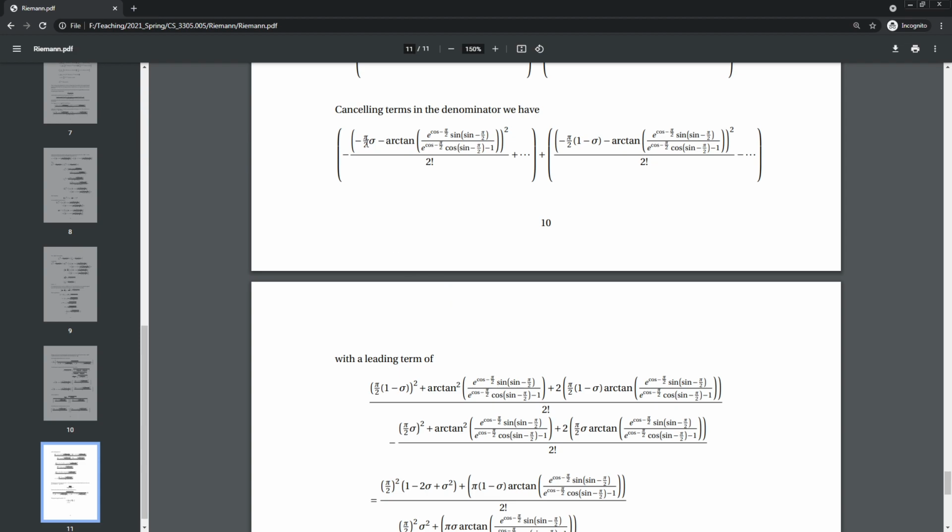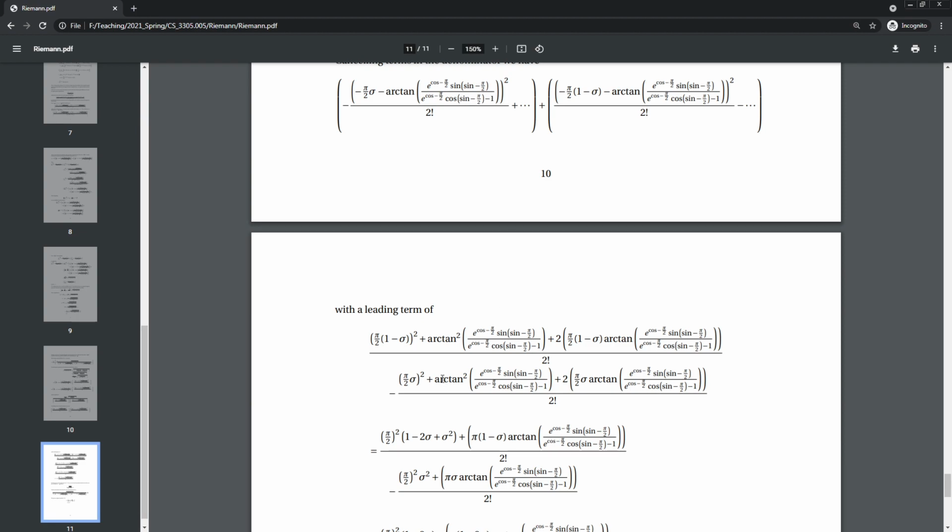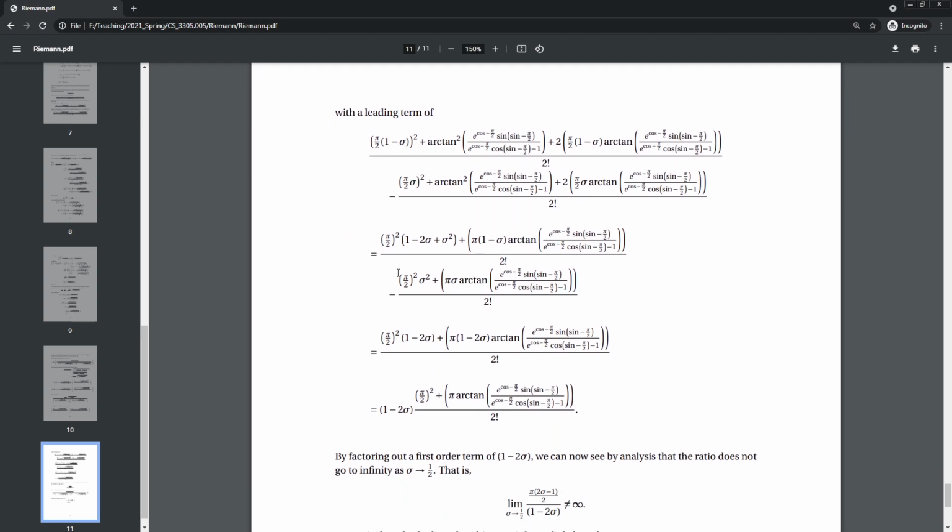And so here, because these are both negative, you can factor that out, and you get x squared plus y squared plus 2 times x times y. And so that's all we've done here. We've added them together. And so now we're going to try and group things so we can take a look at it. Right? So pi squared over 2 is in both of them.